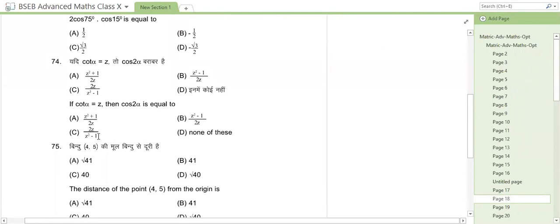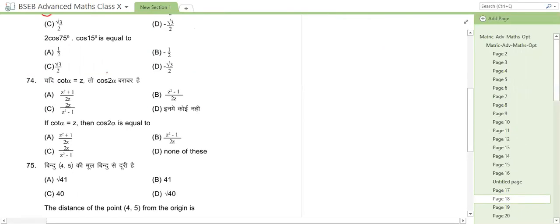Right, so question number 74. If cot alpha is equal to z, so z over 1, then the hypotenuse is the square root of z squared plus 1. Then cos 2 alpha is equal to 2 cos squared alpha minus 1.